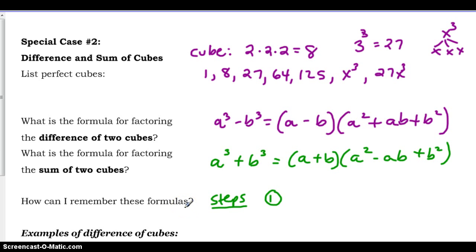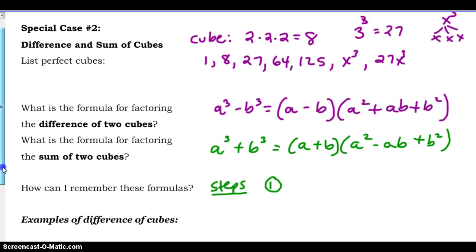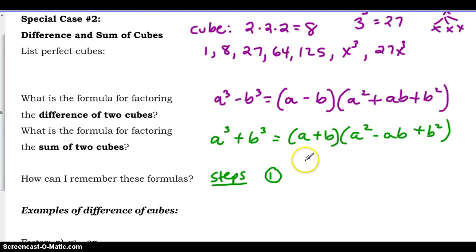The way we can help us remember these formulas is we have several steps. The first one is when you're going to factor 2 cubes, you're going to write a small parentheses and then a large one, because notice how the formula is set up.